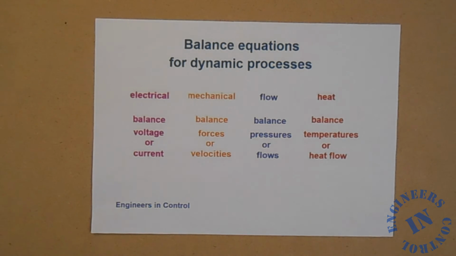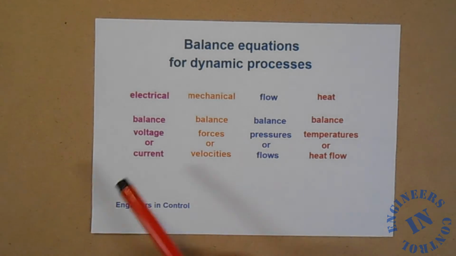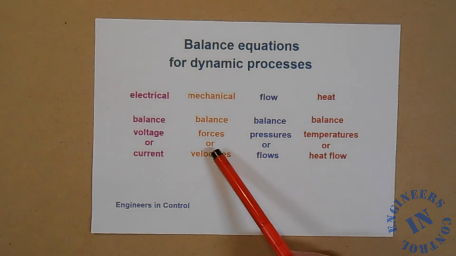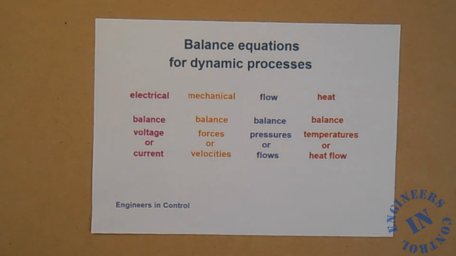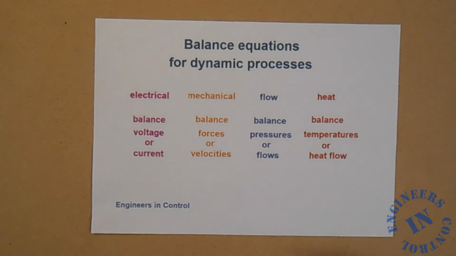And in fact, with electrical, Kirchhoff's laws, we can use Kirchhoff's voltage or Kirchhoff's current law. In the mechanical system, we can use velocities or forces, and we have that choice. With fluid flow, same with Newton's laws, but we can use flow rate or pressure in our balance equations.